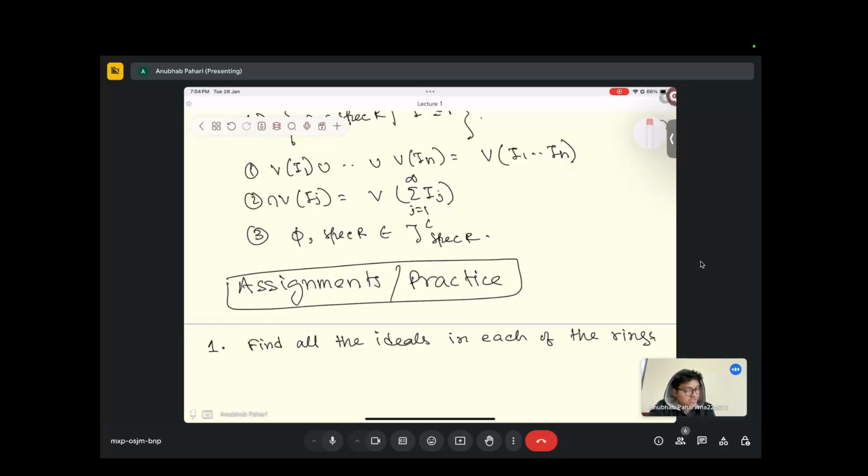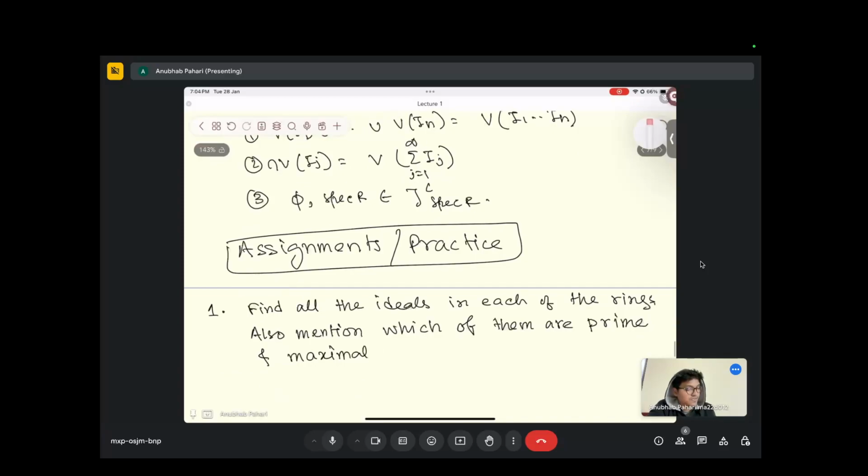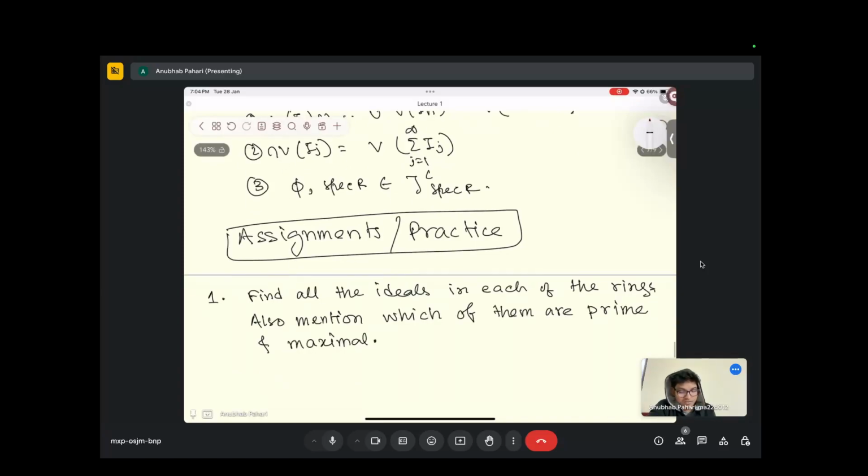Also mention which of them are prime and maximal. I am not defining them here, but I hope you already know these things.